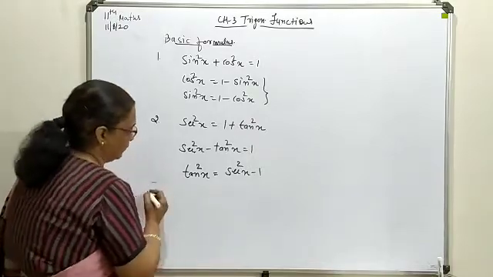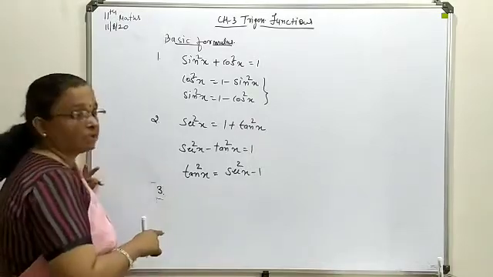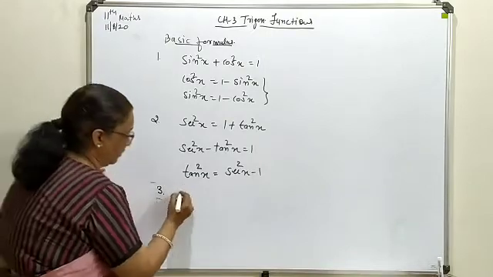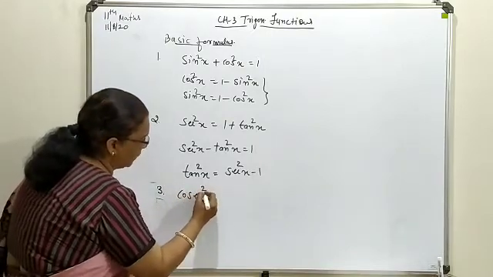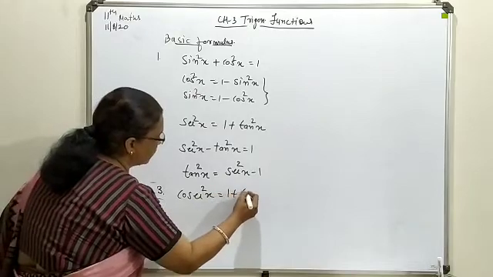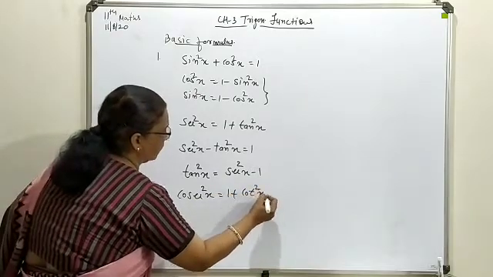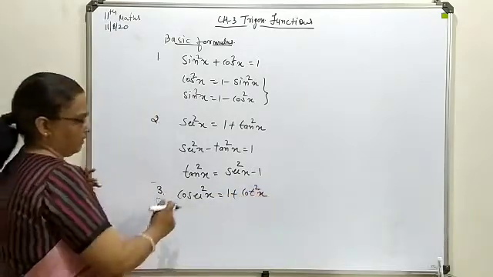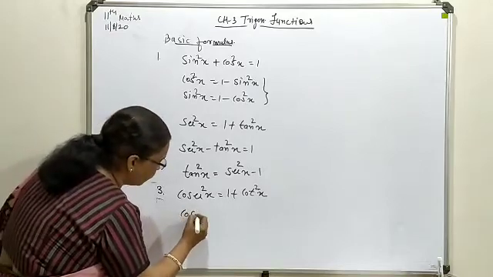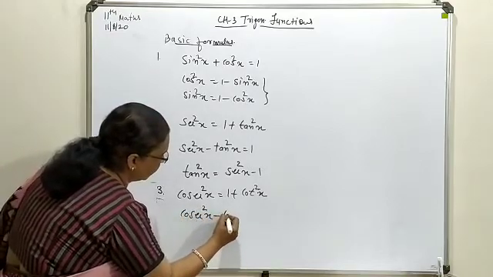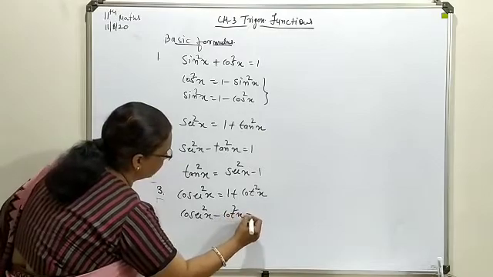Next is in terms of cot and cosec. Cosec square x you can write as 1 plus cot square x. Next you can write cosec square x minus cot square x as 1.